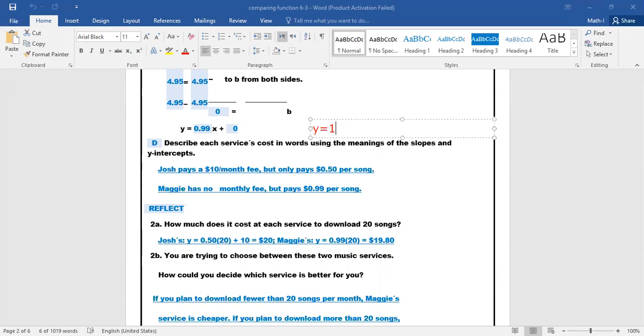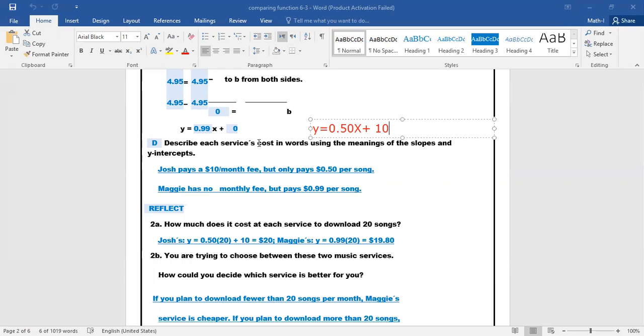It was 0.5x plus what? Plus 10. So Josh was y equals 0.50x plus 10, and Maggie was y equals 0.99x.